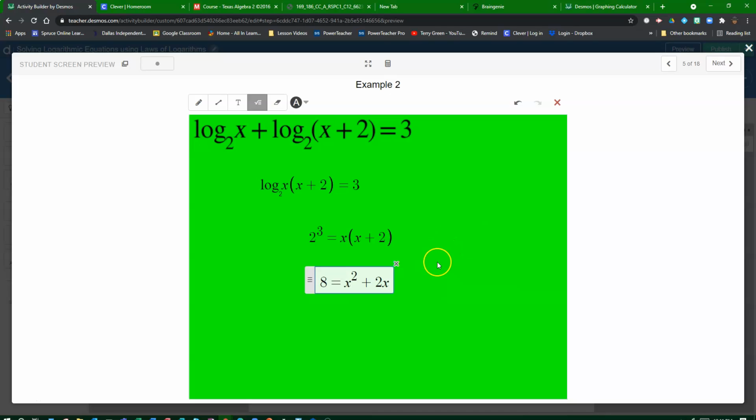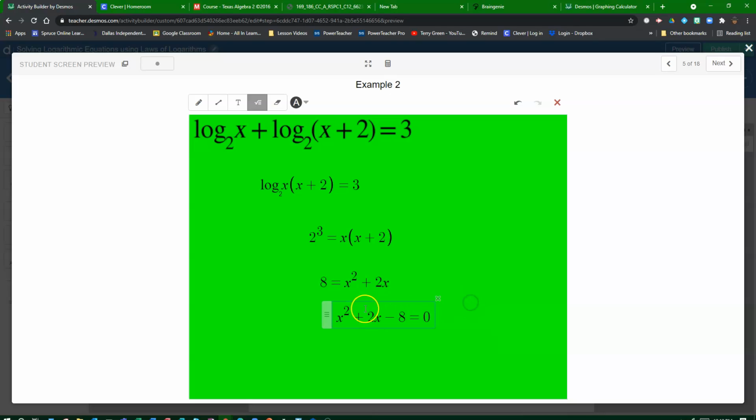So here we're going to be solving a quadratic equation, and in order to get it in quadratic form, I'm going to subtract 8 from both sides, and I'm going to end up with x squared plus 2x minus 8 is equal to 0.